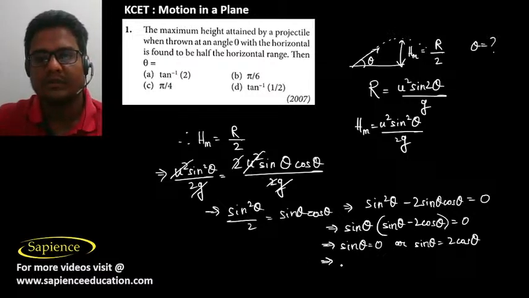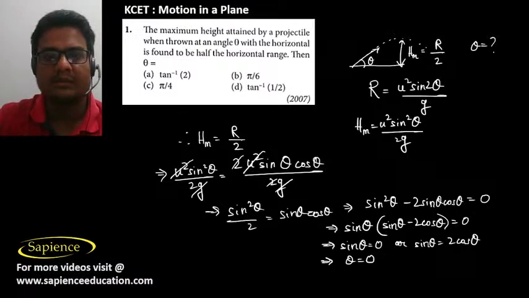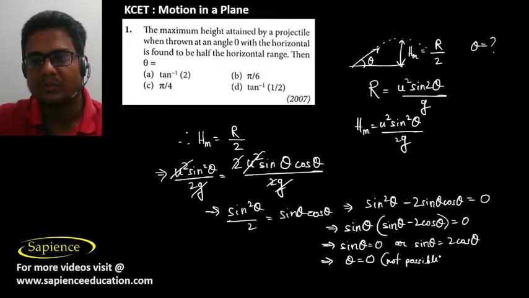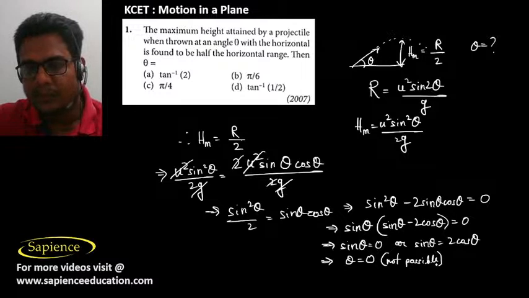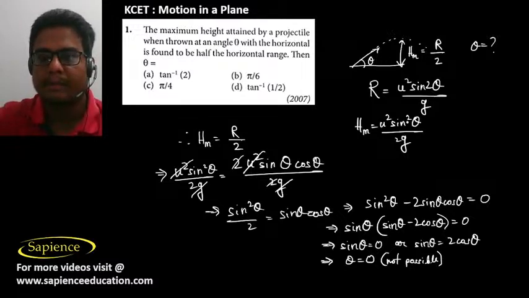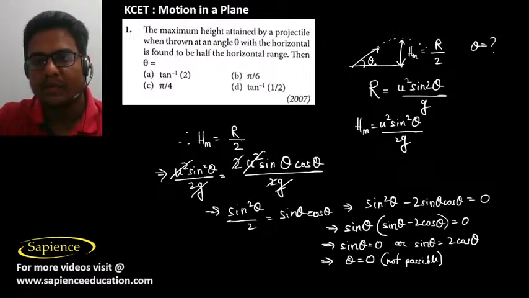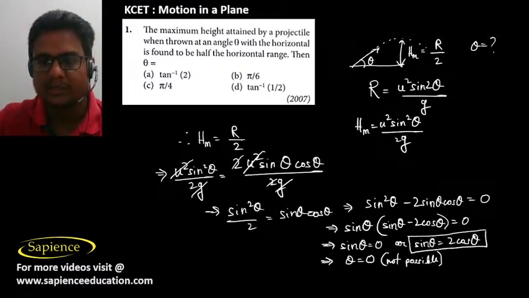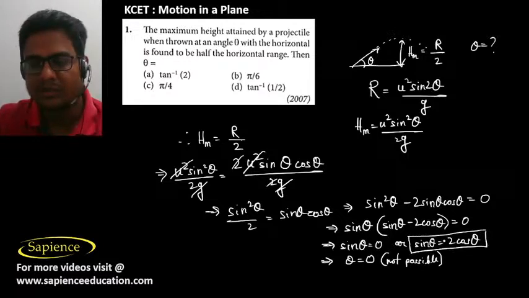Sine theta equal to 0 means theta equal to 0, which is not possible, since if theta is 0 it means we haven't thrown it actually. So this other case is the possible one which we should consider.